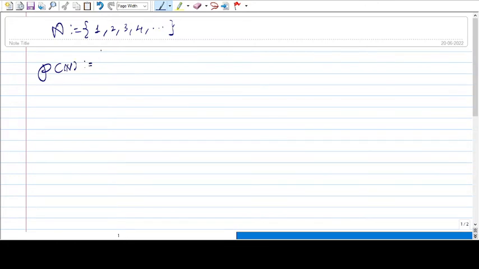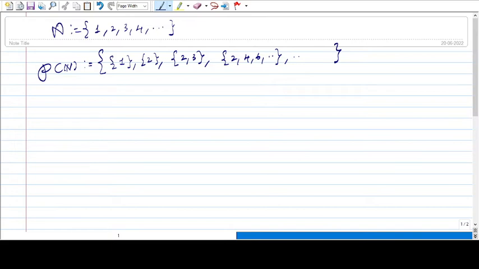It is the collection of subsets of natural numbers. For example, singleton sets, finite subsets, and also infinite subsets like even numbers, odd numbers, prime numbers, everything will come. So the list just goes on.